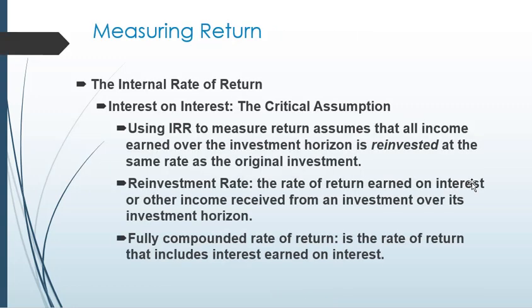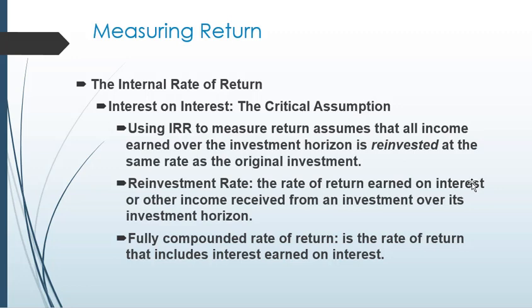The internal rate of return assumes interest on interest. This is a critical assumption. The downfall of this concept, though, is it assumes that all investment earned in the future is reinvested at the same rate of return as the original investment. And that might be difficult to do, especially if you find something that has a really good rate of return.